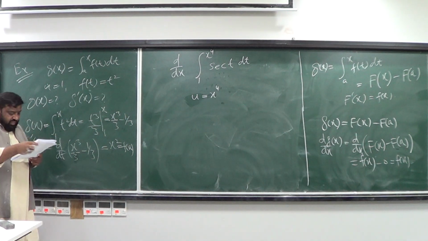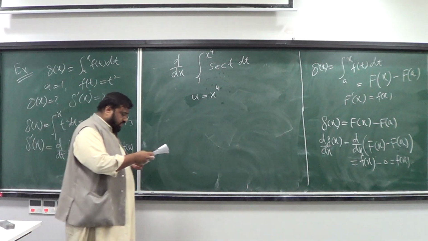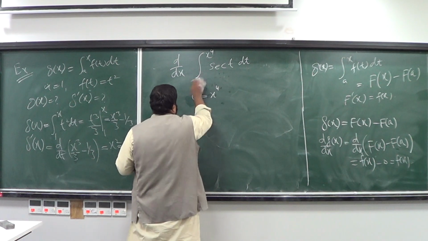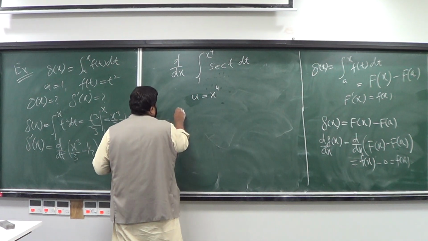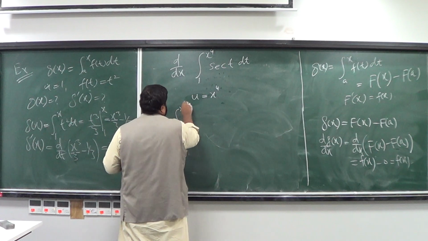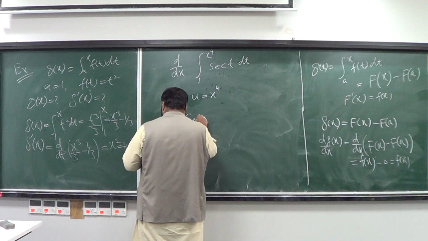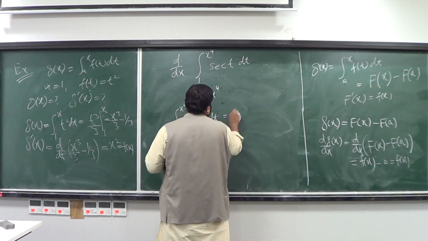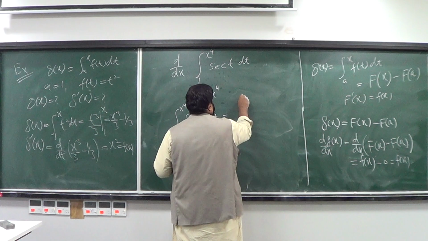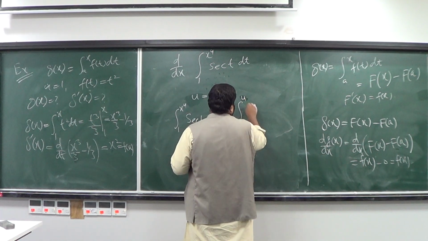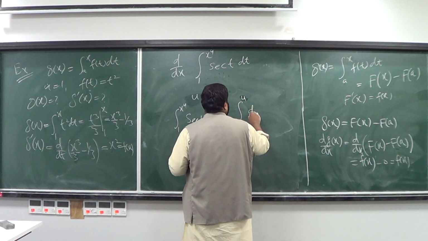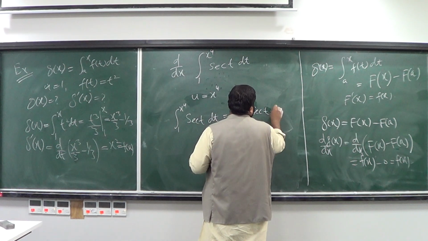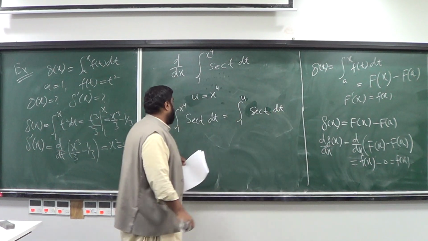So when you equate this with u, what are you going to get? If I replace this with u, then this function, the integral from 1 to x power 4 of secant t dt, will become the integral from 1 to u of secant t dt.